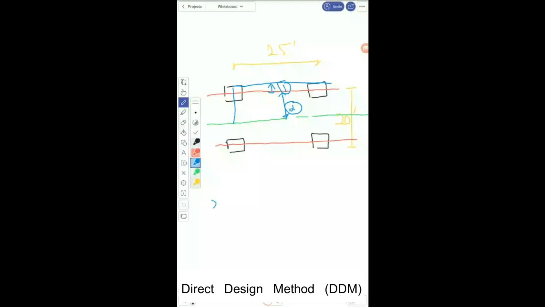Part 2 can be easily found, because this is 20 feet here, so it will be half of 20 feet. So 2 equals 20 divided by 2, which equals 10 feet. For dimension 1, it is half the dimension of the column. Columns are 14 cross 14.